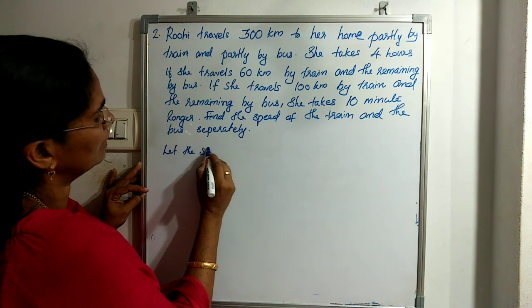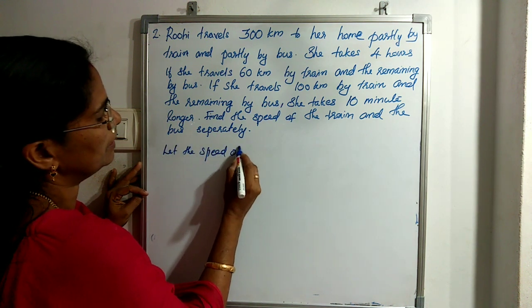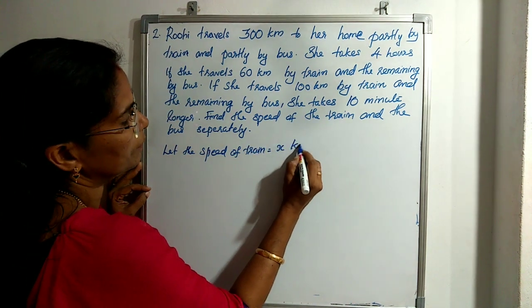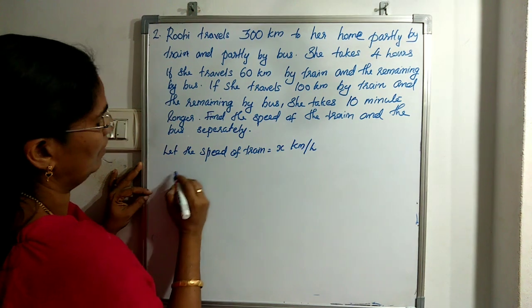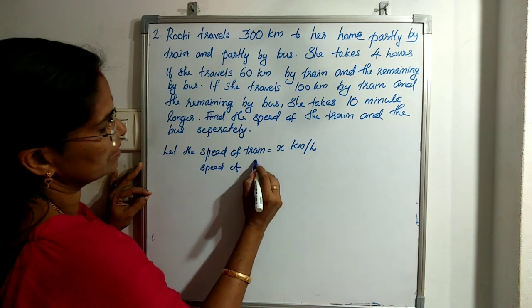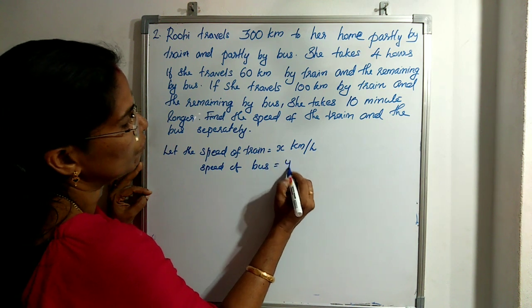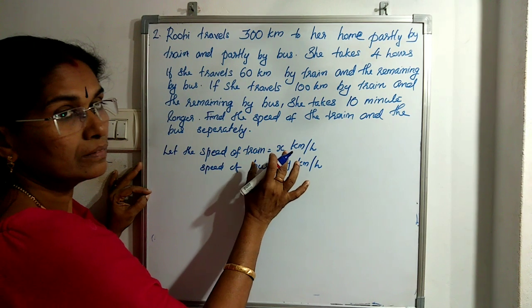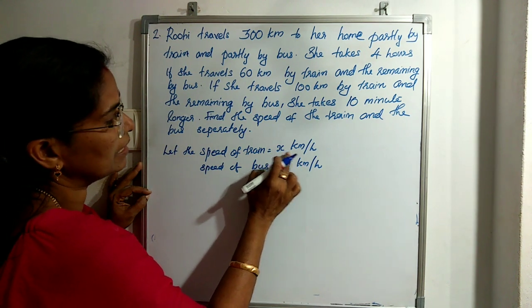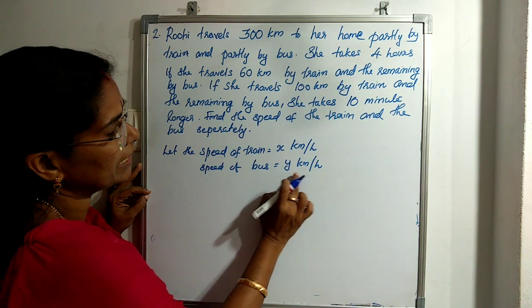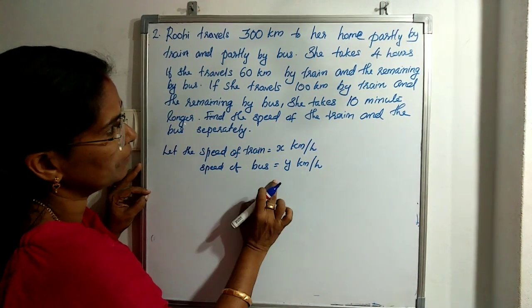Let the speed of the train be equal to x km per hour. Next, the speed of the bus is equal to y km per hour. We are considering x km per hour as the speed of the train, and y km per hour as the speed of the bus.